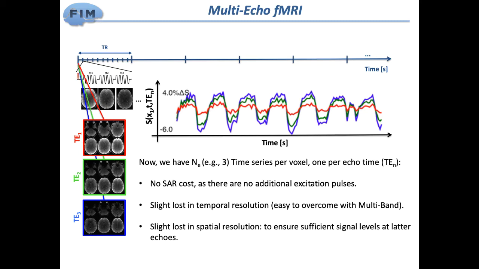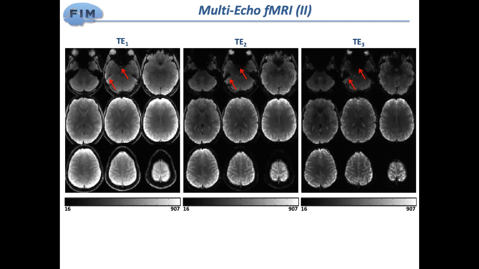Is that clear? Right. So how does it look? Here's just an example of a given volume of some fMRI data at the different echoes. And we can start to see one of the first advantages that this gives us is in these areas that have a lot of signal dropout in your regular echo. In all of the slides, the idea is that echo time 2 here would be your regular single echo.